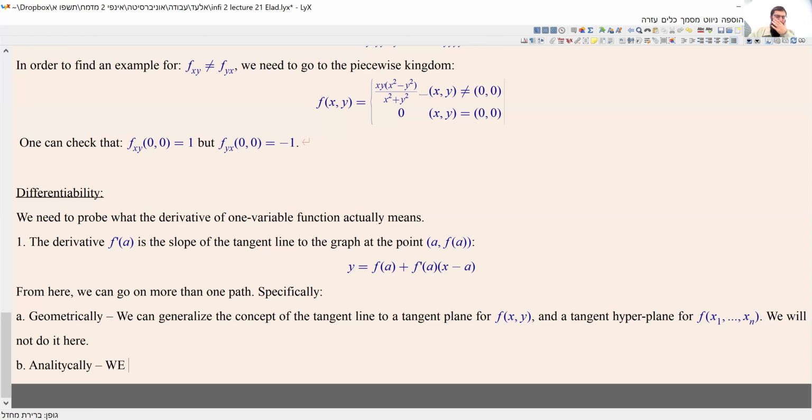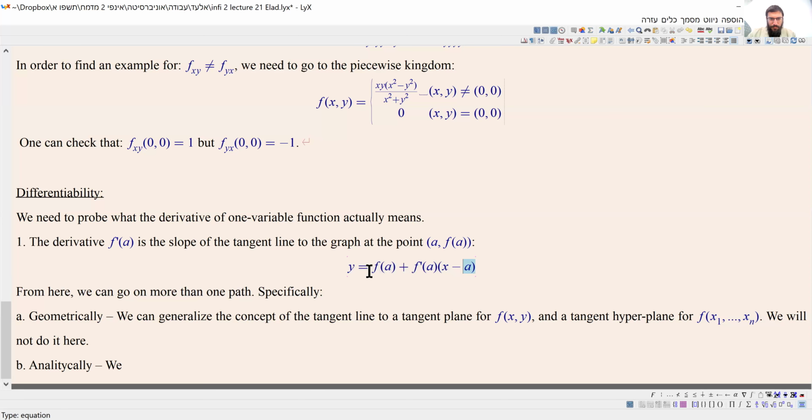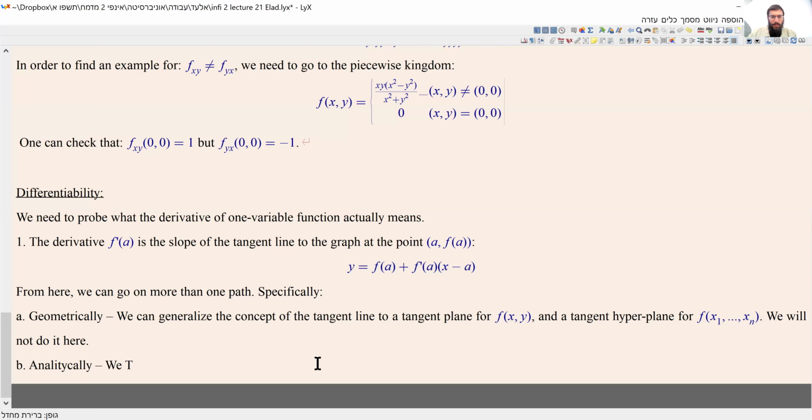Analytically, Sammy, you said it extremely beautifully. These are the first two elements. The derivative gives us a linear approximation to the function.